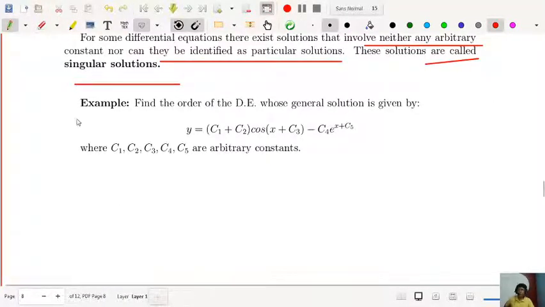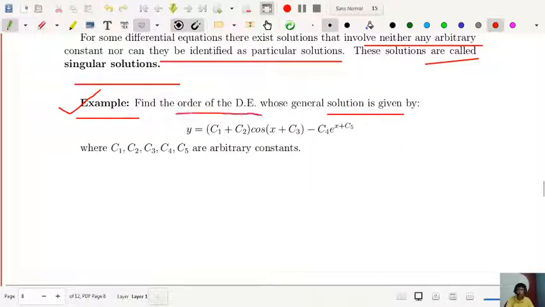Now there is a question for all of you. All of my students, please answer this question. Find the order of the differential equation whose general solution is given by y equal to c1 plus c2 cos of x plus c3 c4 e to the power x plus c5, where c1, c2, c3, c4, c5 are arbitrary constants.